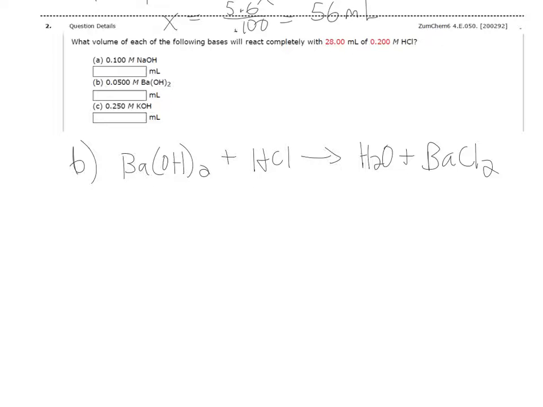We write good formulas for the water and the salt, and then, as you can see, we require a coefficient 2 in front of hydrochloric acid in order to make everything balance. We'd also need a coefficient 2 in front of the water to make things balance.